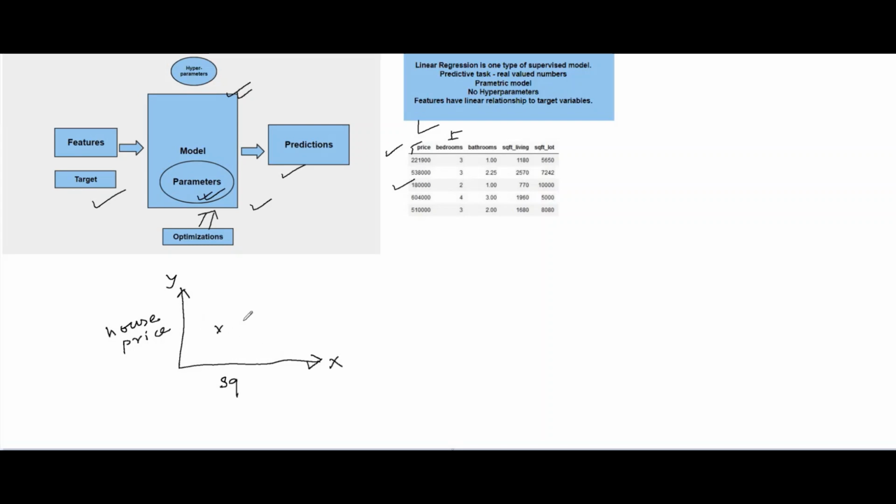If we plot in a graph, probably it will come something like this. As the square foot increases, house price will also increase. So it will create a best fit line. This is what we call the best fit line. That's the main objective of linear regression: create the best fit line, or the best function, and at the time identify those parameters.